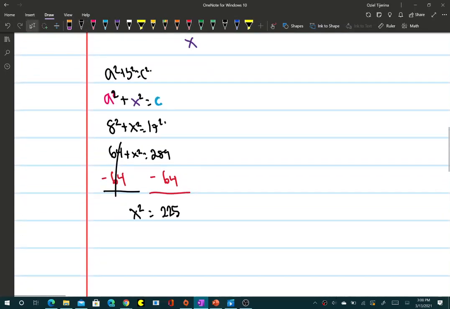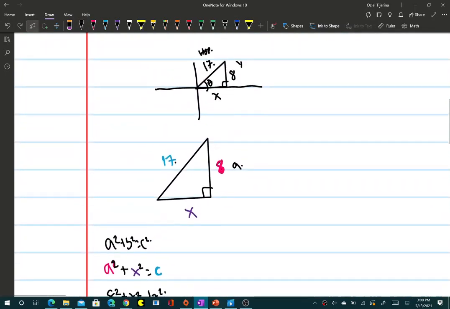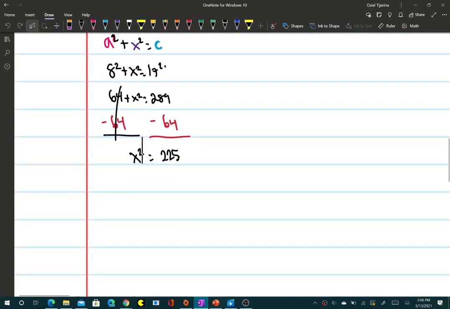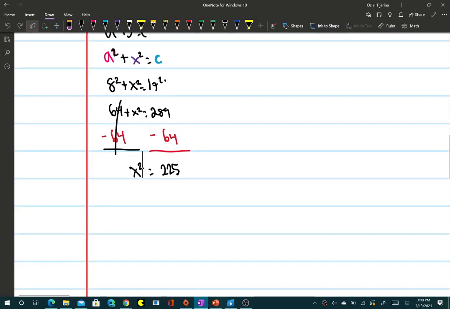And then, since we are solving for x here, we would want the positive measurement, the positive x-axis.